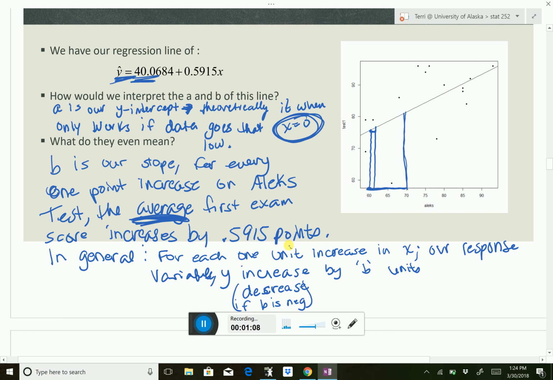And again, this is the units of X, this is the units of Y. In this case, they're the same. So for each 1 point increase on the ALEX test, the first exam score increases by 0.59 points.